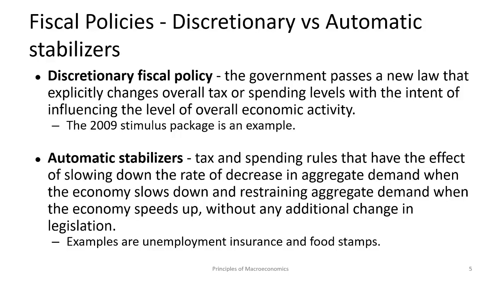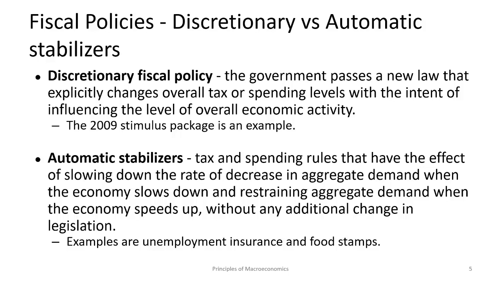During bad times, people lose jobs. There's a recession. As a result, automatically a lot of people apply for unemployment insurance and food stamps. Both of these policies have the potential to increase consumption, and when consumption increases, your aggregate demand increases.